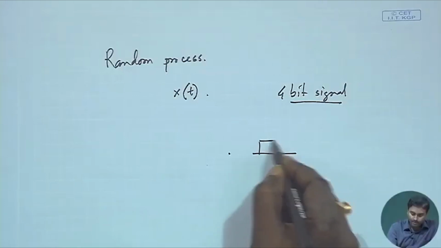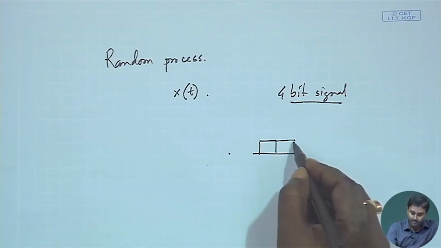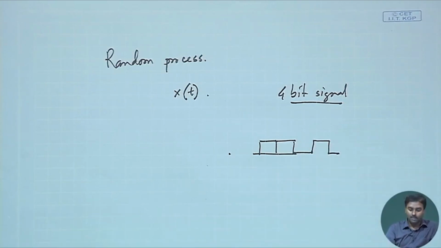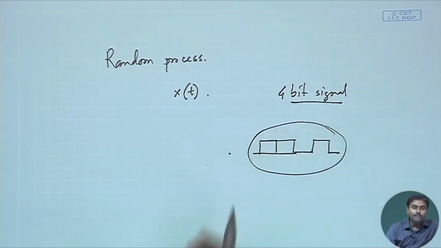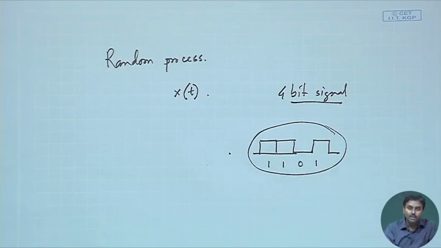Now, suppose the first bit I receive, I see that that is probably 1. So, I can construct the first bit, that is 1. Then I receive the second bit, I see that that is also 1. Okay. Then I receive the third bit, it is 0, and the fourth bit is 1. Okay. So, immediately I can see after receiving the whole sequence, I have a pattern which is being received, but this is actually one of the random patterns that could have been generated at the other side.